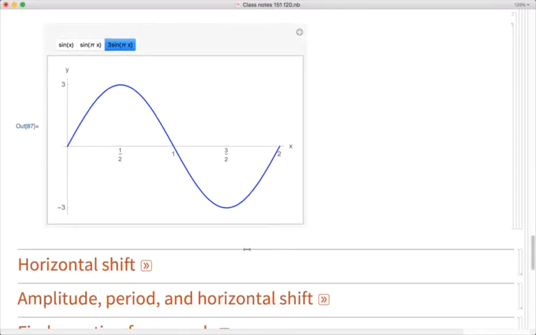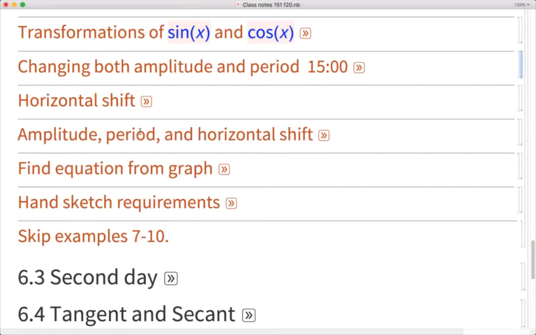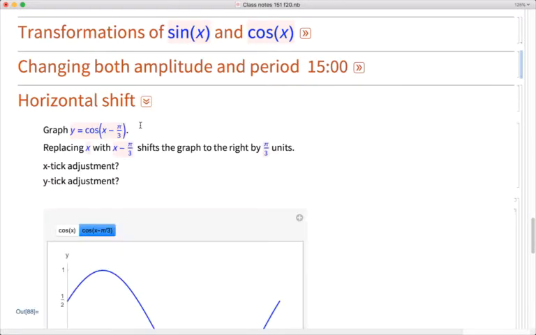There's one last effect that we're going to look at, and it's the horizontal shift. Remember, we get horizontal shifts when we replace the x-coordinate by x plus or minus some constant. If we replace x with x minus pi over 3, hopefully you remember that the effect on the graph is to shift everything to the right by pi over 3 units.